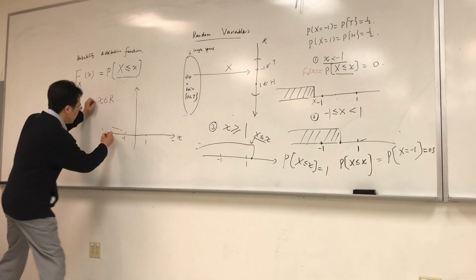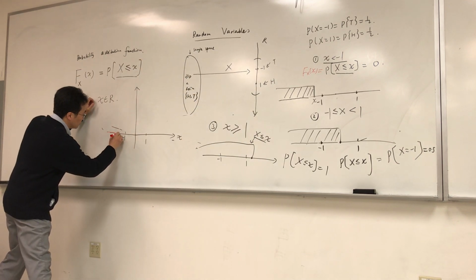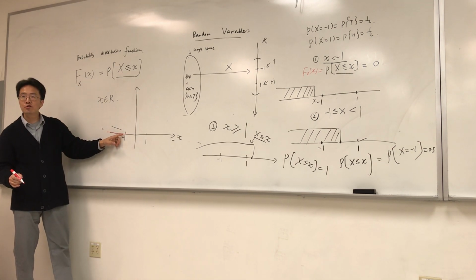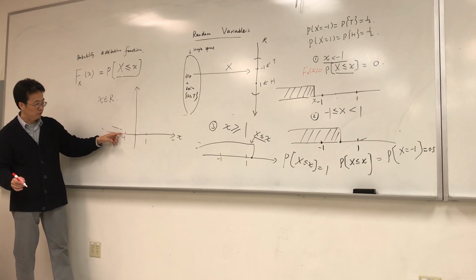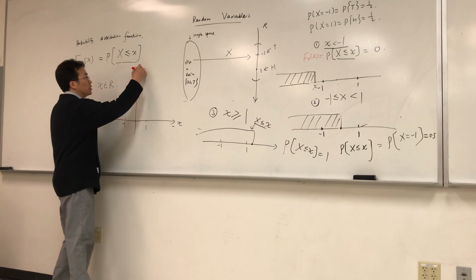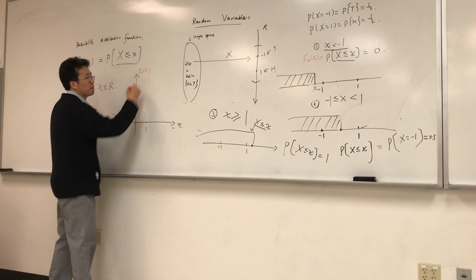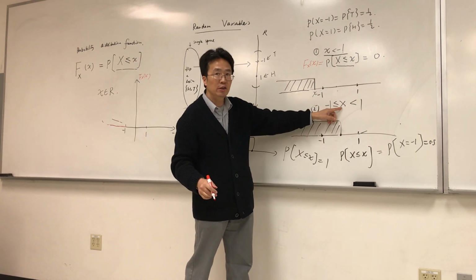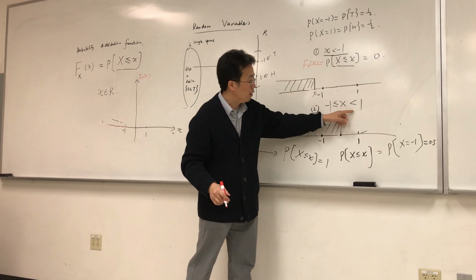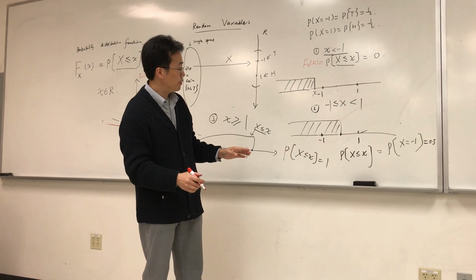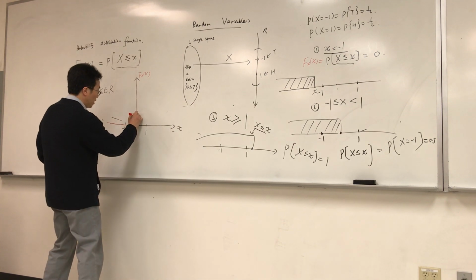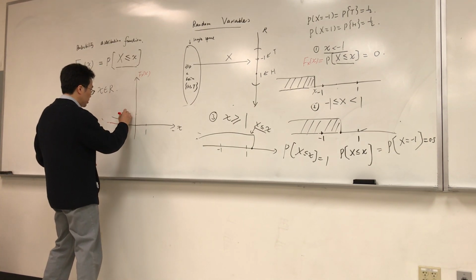So this will be 0. The vertical axis is just the distribution function. In the second case, when realization is between -1 and 1, the probability becomes 0.5.